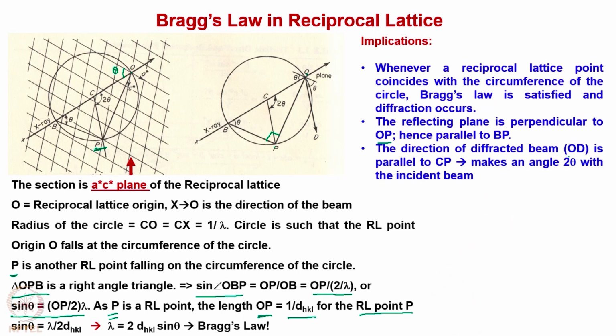The direction of diffracted beam OD is parallel to the direction CP. That means it makes an angle 2 theta with the incident beam as shown here. That means when we try to observe a diffraction coming out of a set of parallel planes, we measure it at an angle 2 theta with respect to the incident beam.